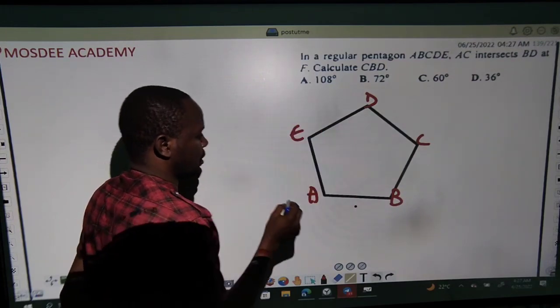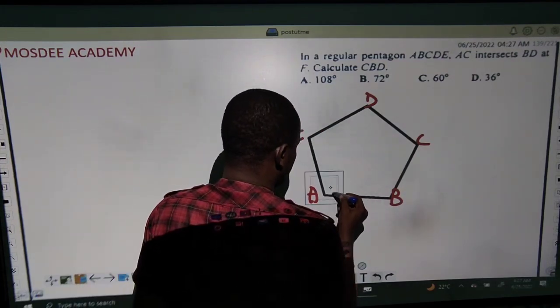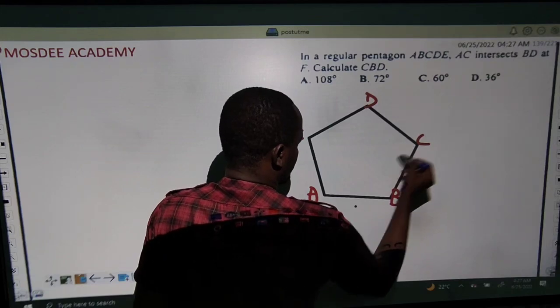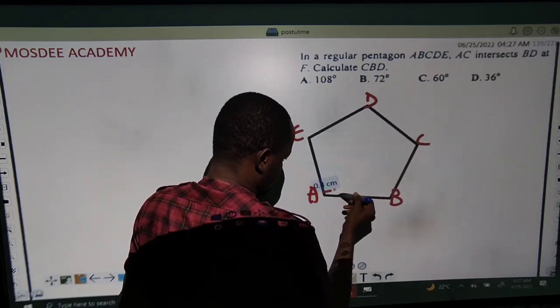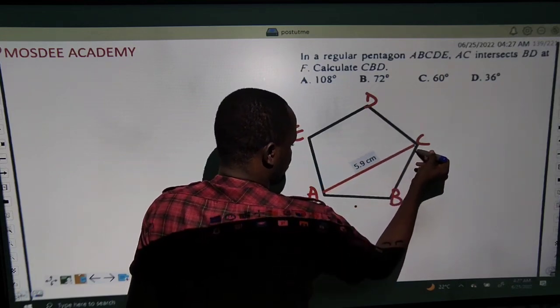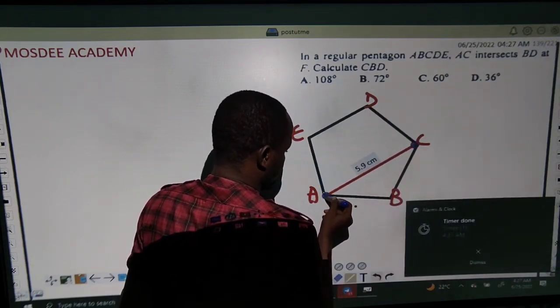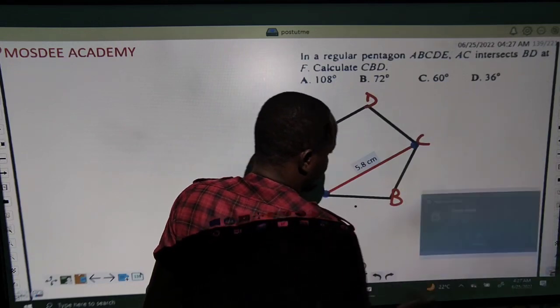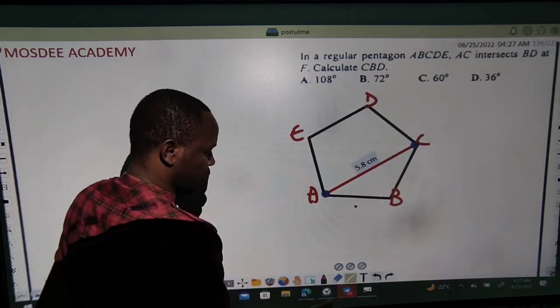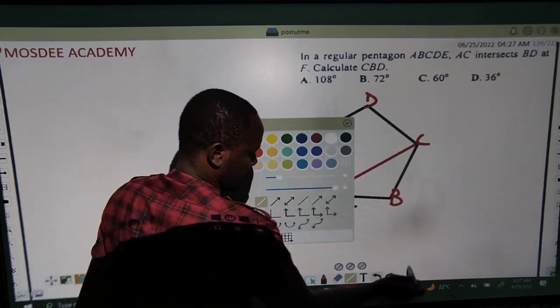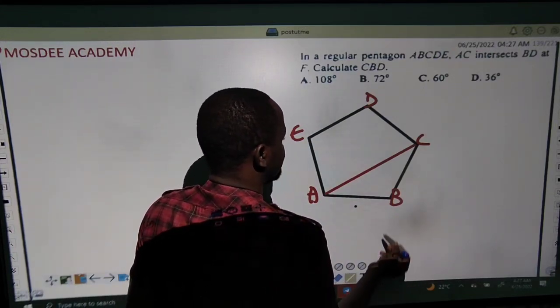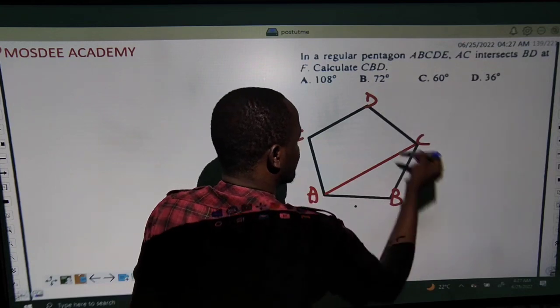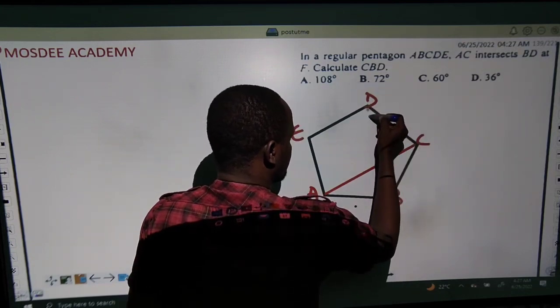Okay, that's completing AC. I don't know what is wrong with this thing. That's why I said it's not Post-UTME, it's just a waste of time, to be honest. AC intersect BD. I don't want to waste my time at all.